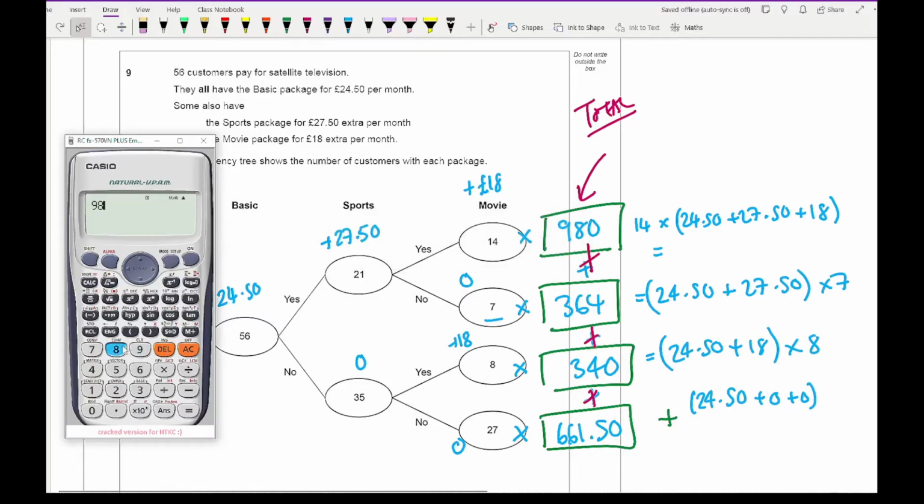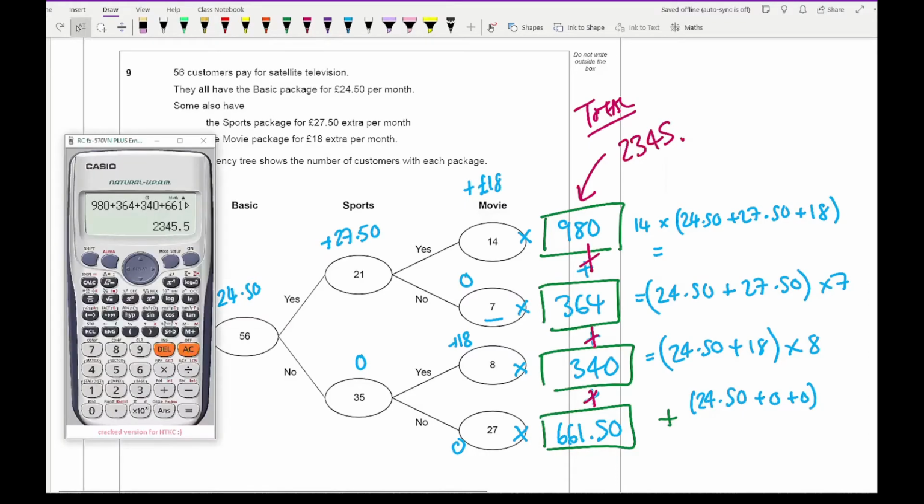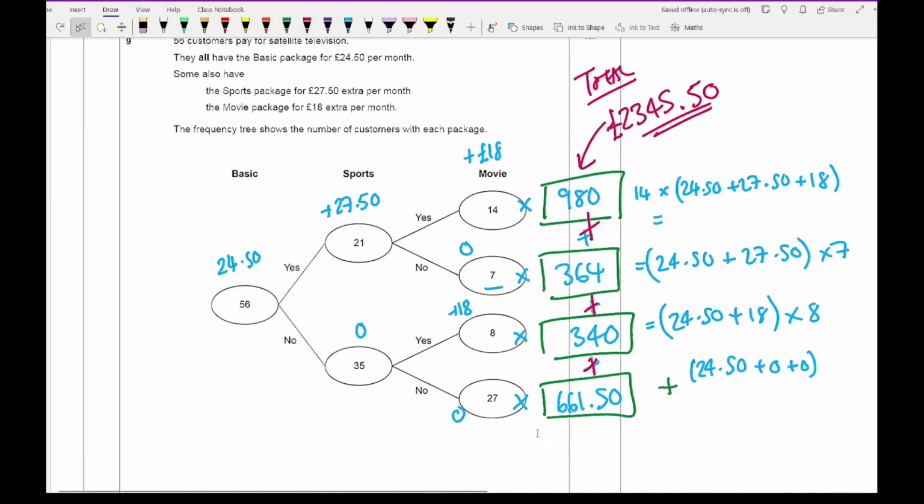So 980 plus 364 plus 340 plus 661.50, and that comes up to a grand total of £2,345 and 50 pence. And there is my final answer.